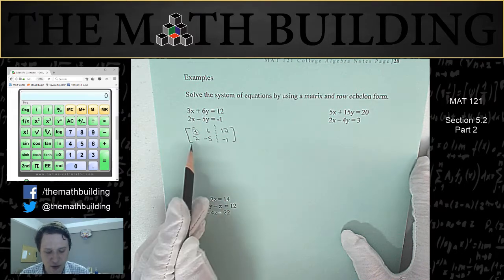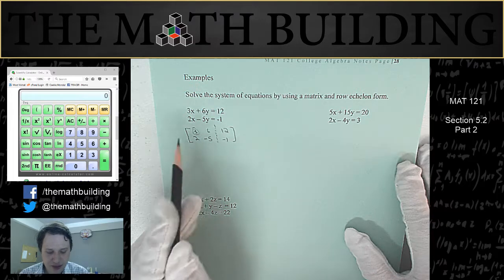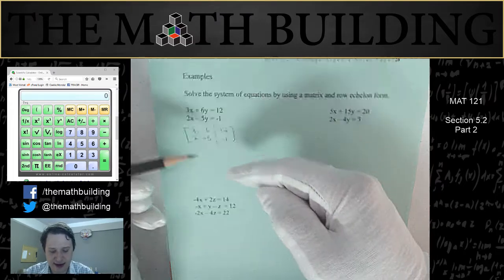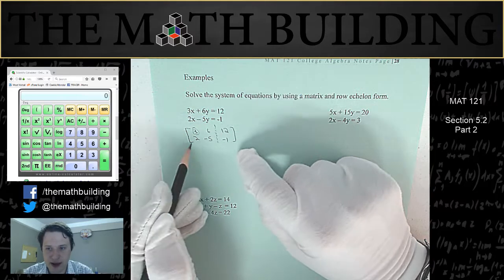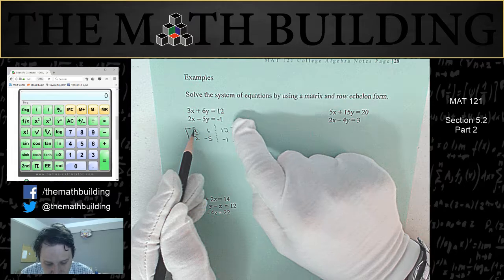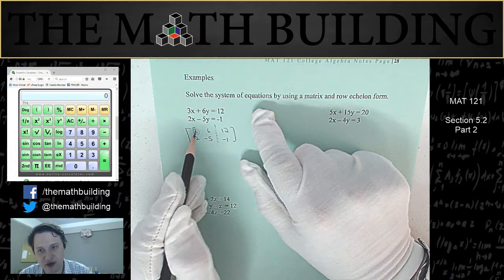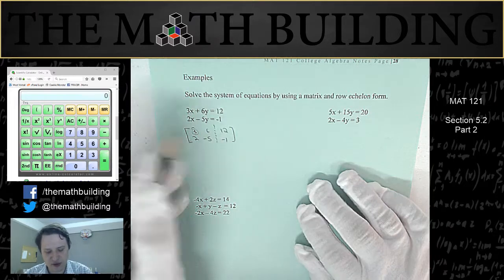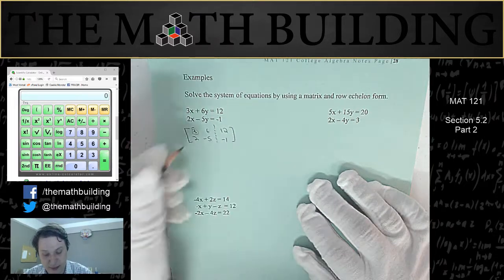Or you can use another row. For example, if I multiplied this row by -1, I'd get a -2, and then adding it up, I'd get -2 plus 3, which becomes a 1. That's a little more complicated, so let's just divide the top row by 3.